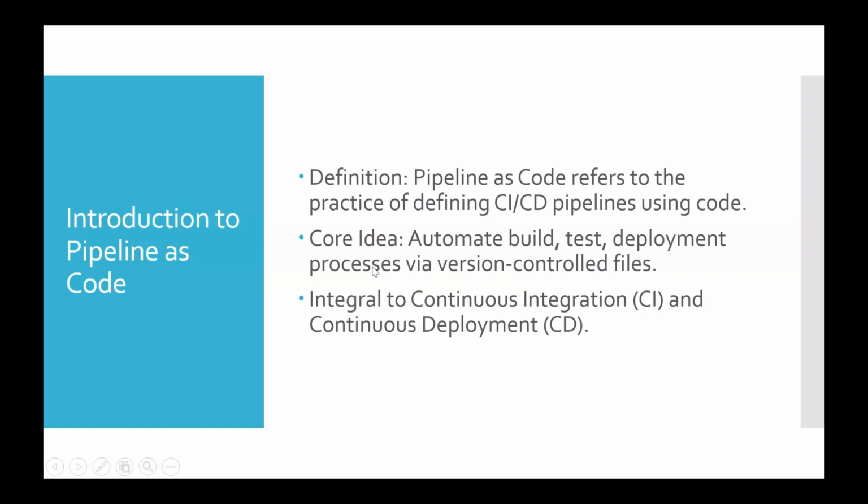Okay, based on that pipeline, you can define different sets of tasks to build, test, or deploy your application, and keep all those configuration files in the git repository. Okay, this is integral to continuous integration and continuous deployment. You can achieve this continuous integration and continuous deployment using the pipeline as code as well.